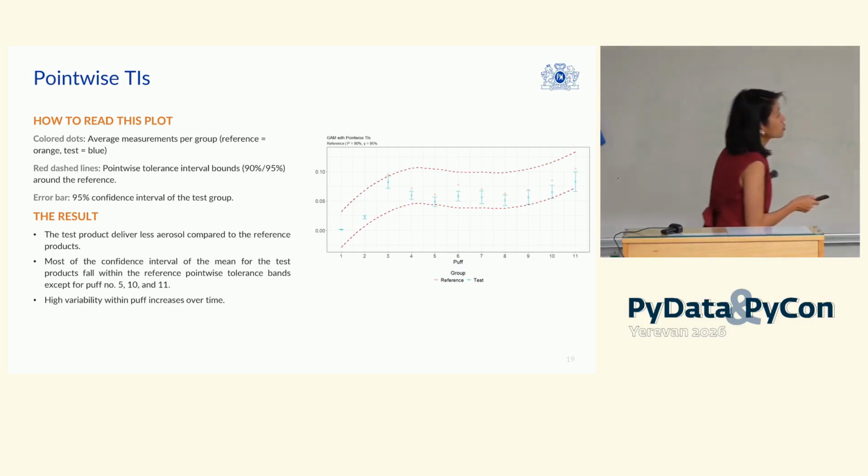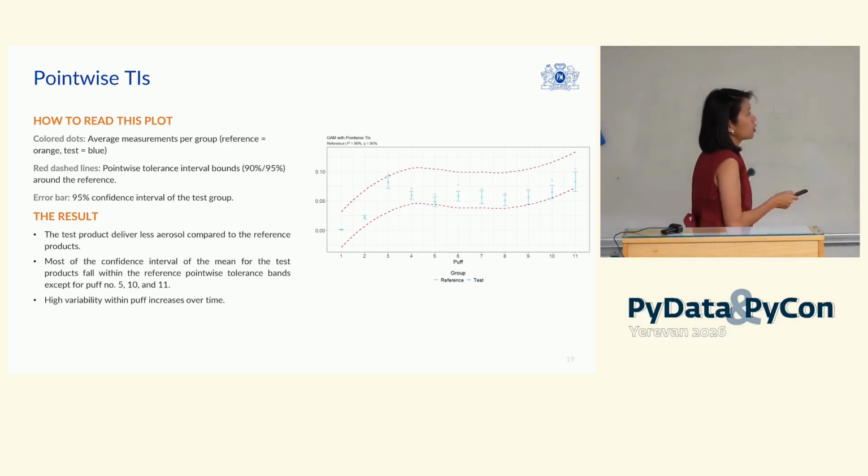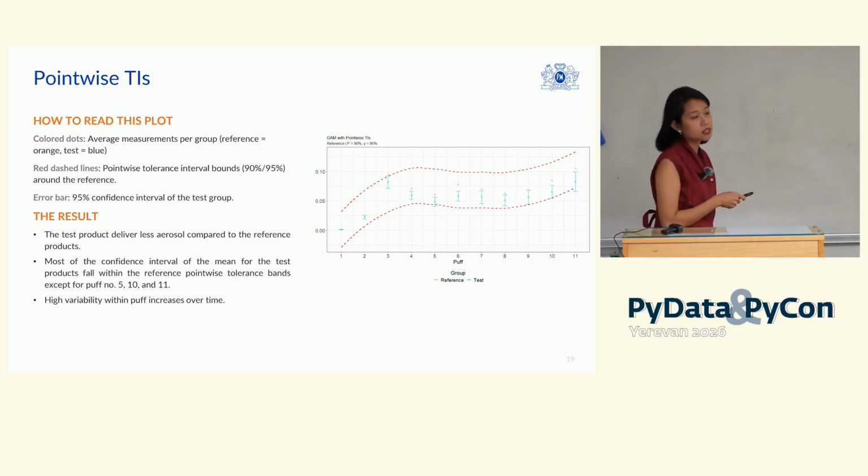And this tolerance interval is built on our reference product, because we try to see where the location of our tested products is against what we should expect for 90% of our population, with 95% confidence, in how they will generate aerosol over the 11 puffs.